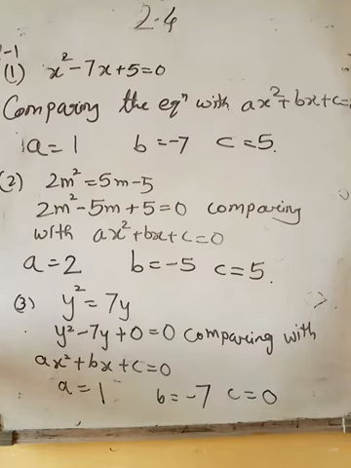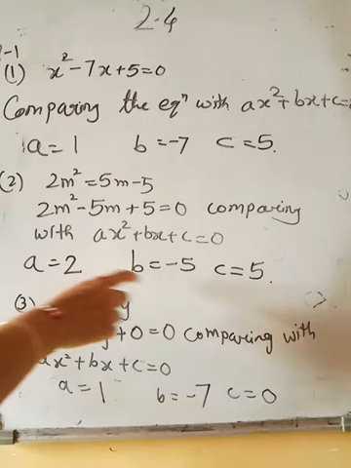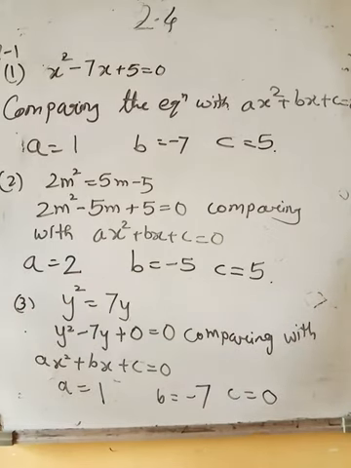Now we'll move towards the solving, using the formula. So see, first step for solving part is always to find out a, b and c. After that, what you will do? You will find out b square minus 4ac. Now children, why we are doing it?